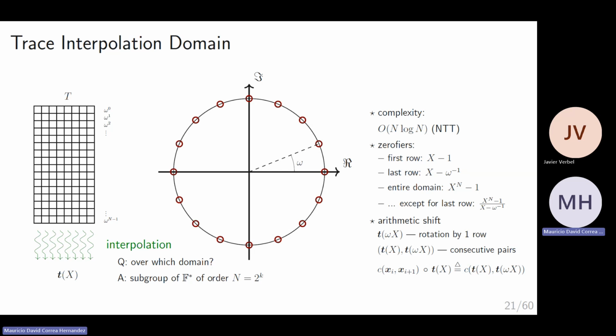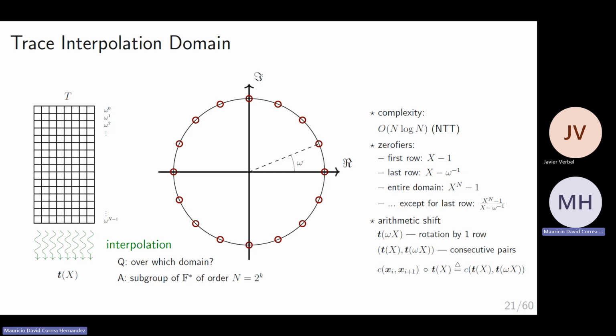Okay, so the last reason why this is absolutely the right domain to choose is because it gives us an arithmetic shift, which you can think of as rotating clockwise or counterclockwise by 1 point. Remember that we are interpolating the trace, so we get trace polynomials.